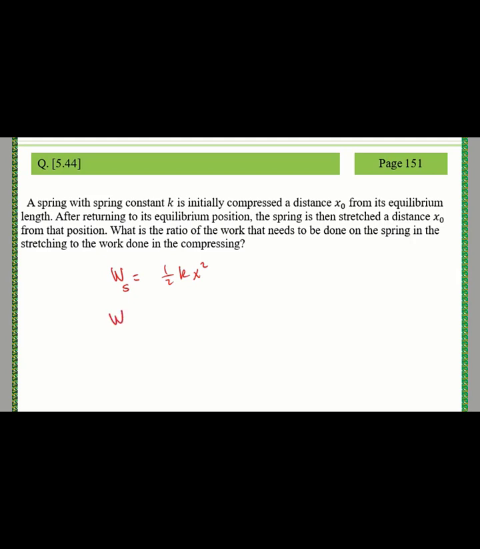Now the work while stretching equals 1/2 k x naught squared, and it is positive because stretching, this is the initial, here we have increasing, while compression means negative displacement.